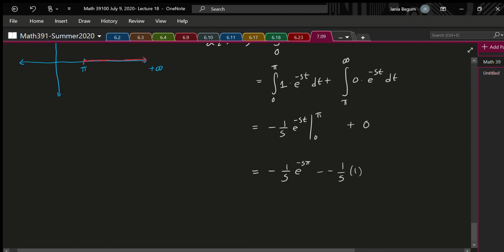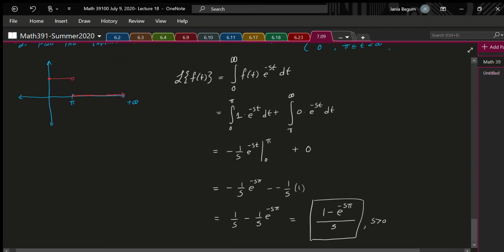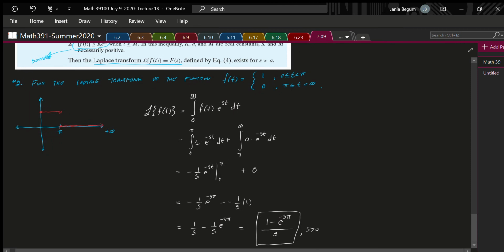If I simplify this, this would just be 1 over s minus 1 over s e to the negative s pi, and putting all of this together nicely, we have the Laplace transform to be 1 minus e to the negative s pi over s, as long as s is positive. So that would be our Laplace transform of this piecewise function. Any questions on this example? Does it make sense?